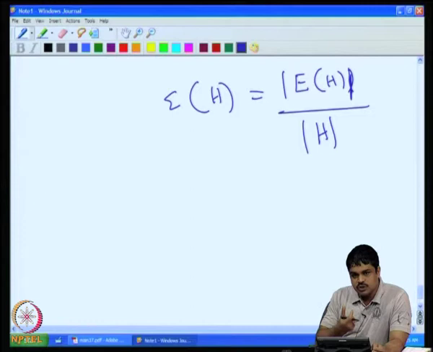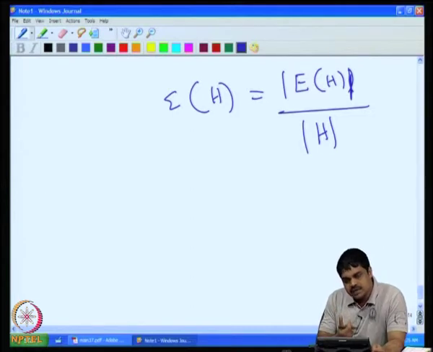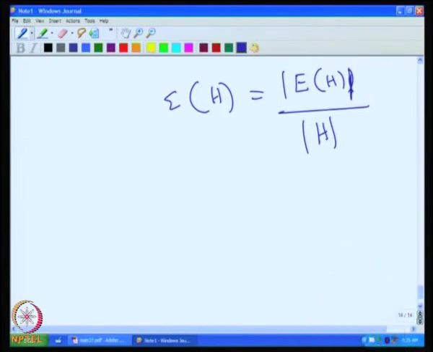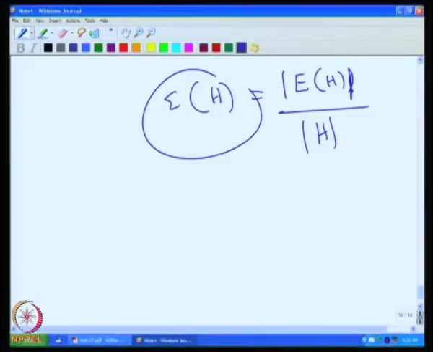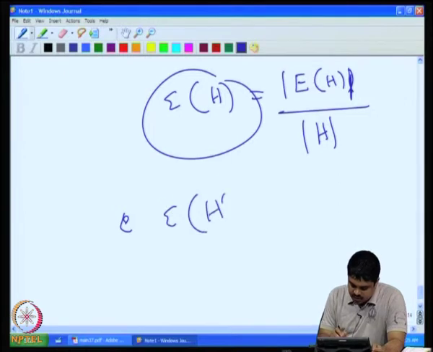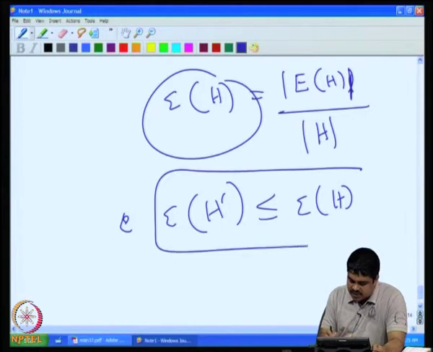Suppose you take any subgraph of H, and it so happens that every subgraph has this epsilon value lesser or equal to epsilon of H. In that case, we will say that it is balanced.